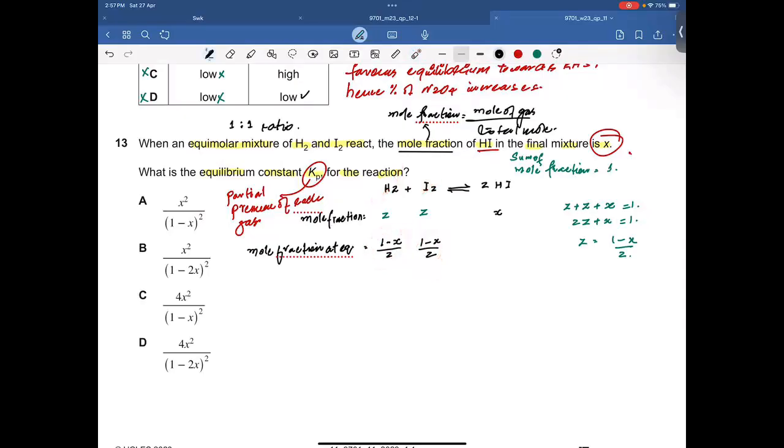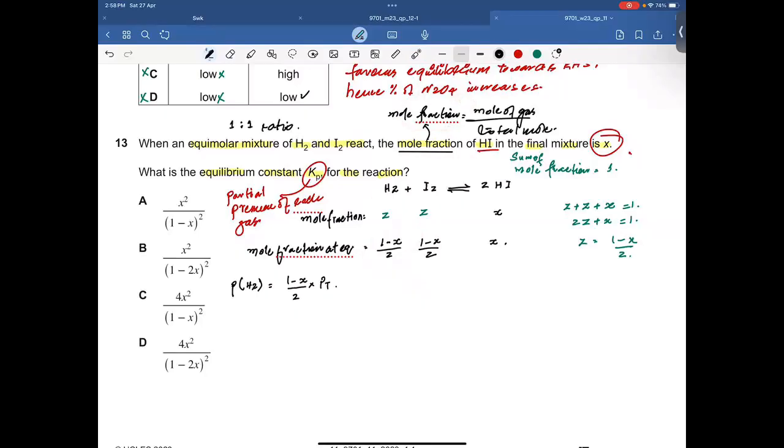And the mole fraction at equilibrium of HI is X. Now find out the partial pressure of hydrogen. To get the partial pressure, moles of the gas over total moles, so it's going to be the mole fraction. So the mole fraction of H2 is (1 minus X) upon 2 into total pressure, which is not given obviously in the question. So we don't need to use it either, right?